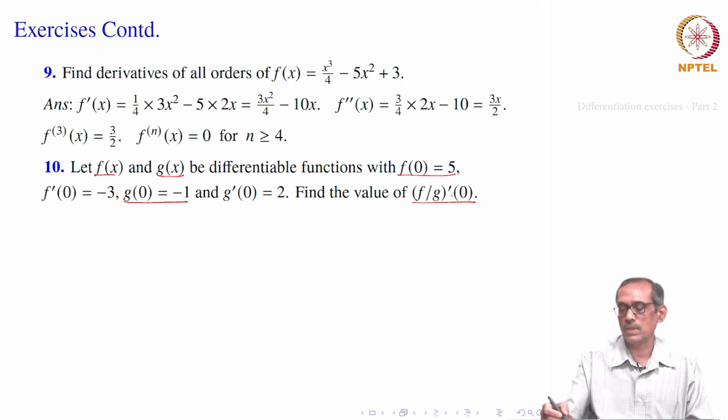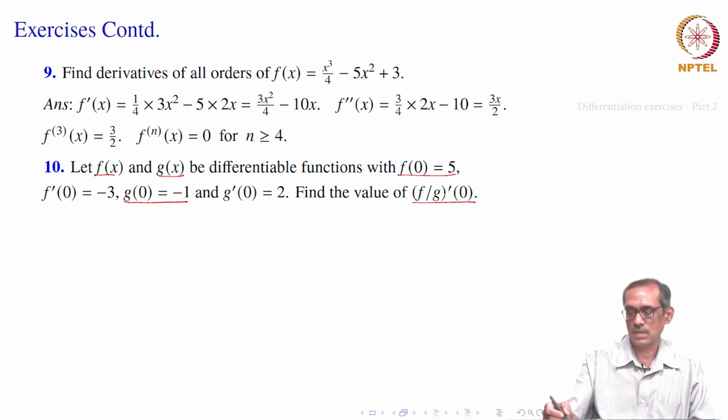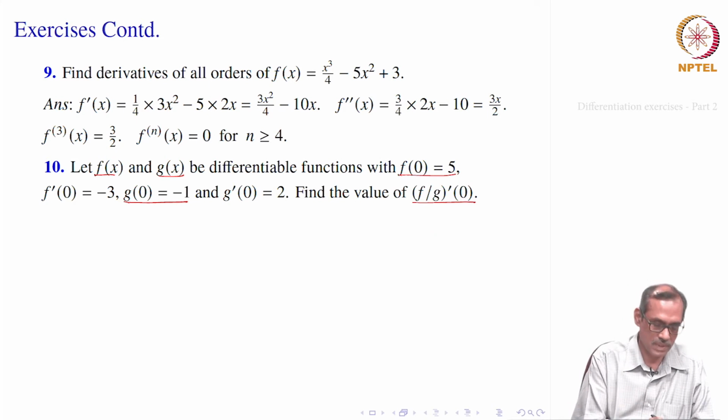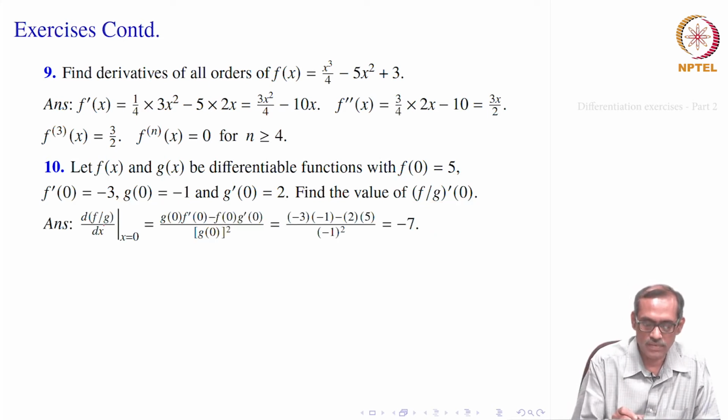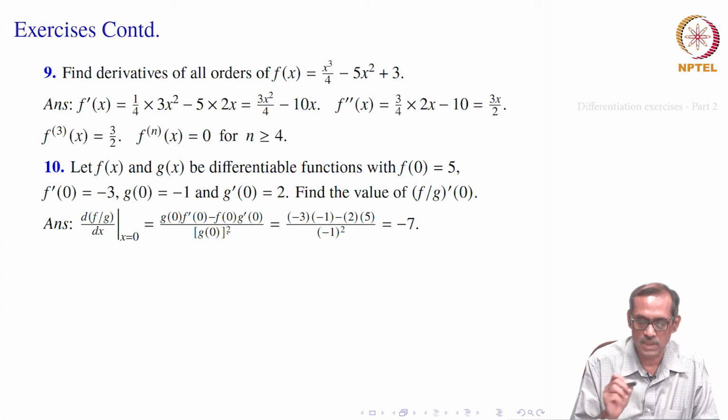So, all that we have to do is use the differentiation of the ratio formula, division, and then see what happens. So, d of f by g by dx, forget about 0 now, that will be g times f prime minus f times g prime divided by g square. Now, at x equal to 0, when we evaluate, everything will be evaluated at 0.